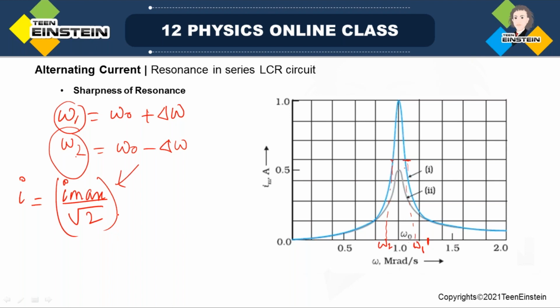Then power dissipation will be half of the maximum power dissipation in the circuit at resonance.